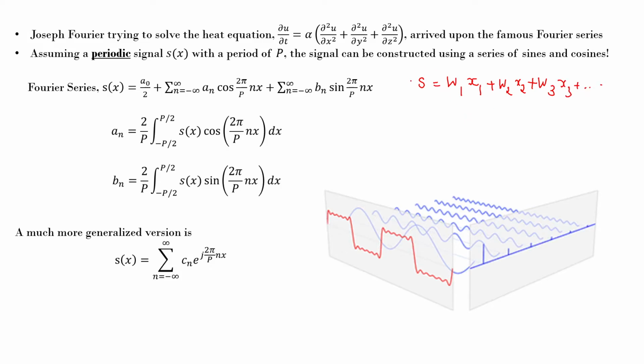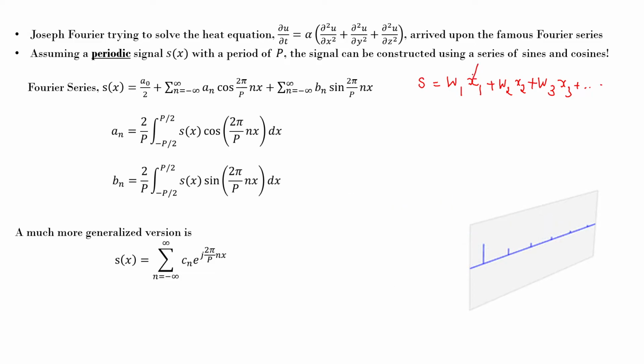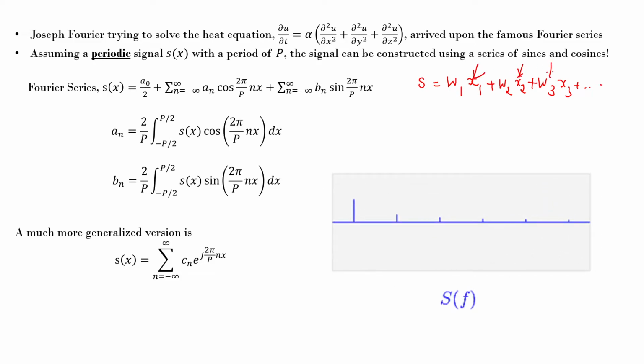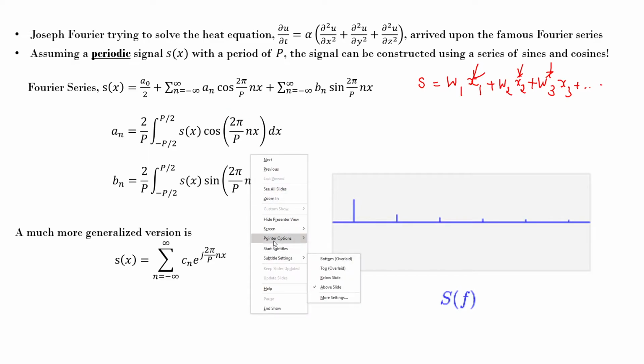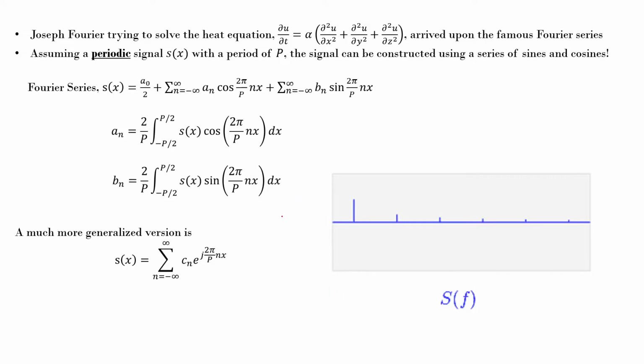So basically I am going to represent my S in terms of the first, second, third and so on sinusoids. That's the meaning of it. I hope it's pretty clear to you. That is the intuitive understanding of it.